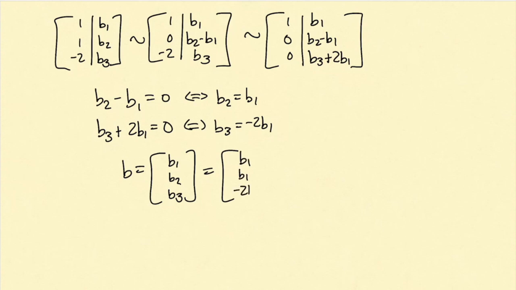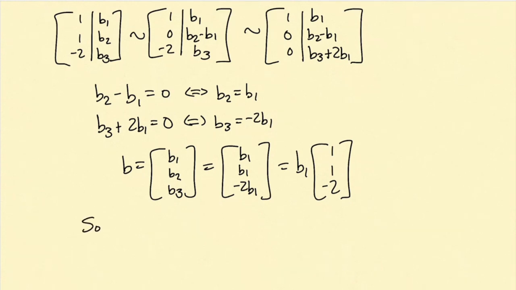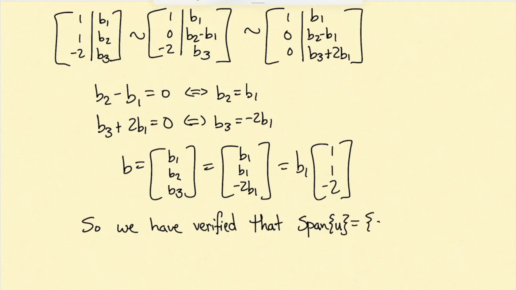So we can factor out the b1, and we get b1 multiplied by 1, 1, -2. So we have indeed verified that the span of u, this single vector, is all of the scalar multiples of u, which we know is just a line in R3.